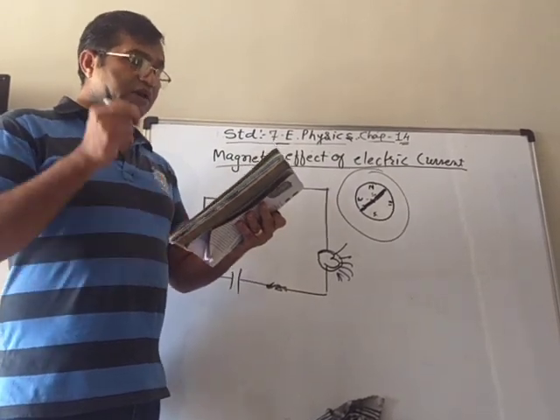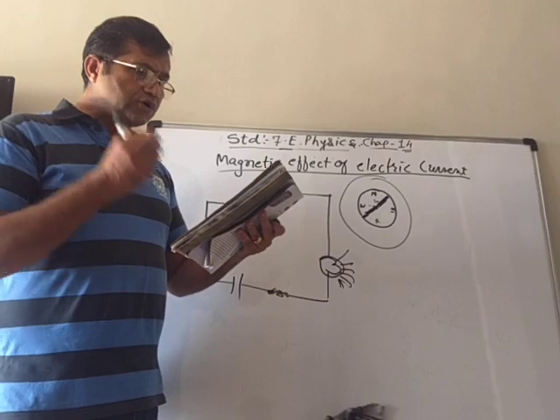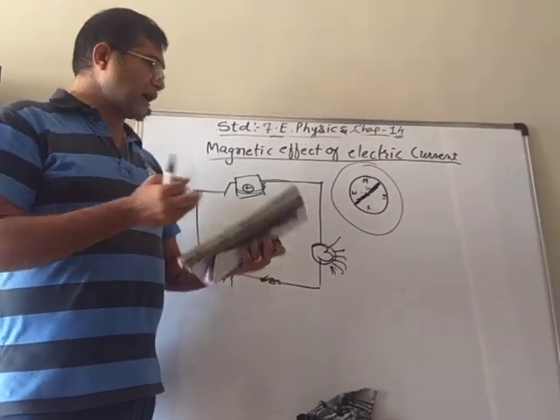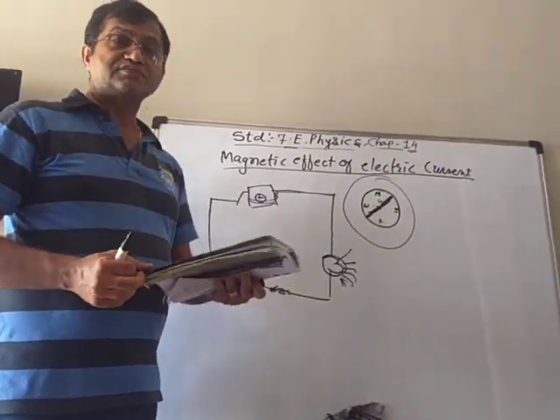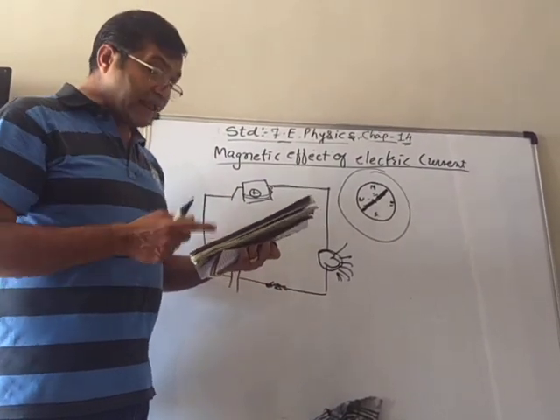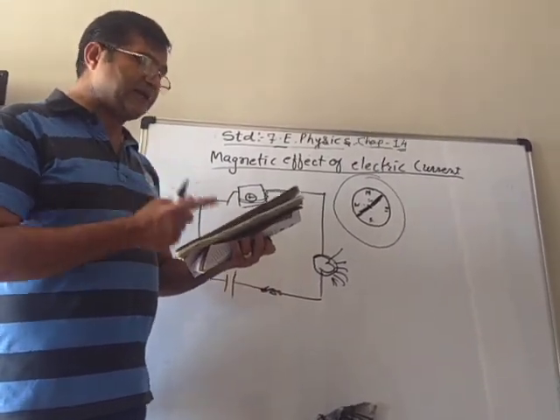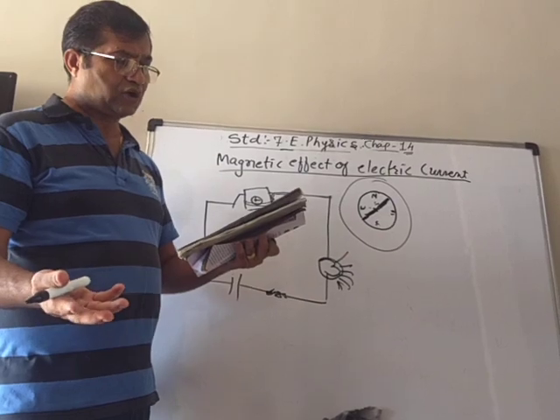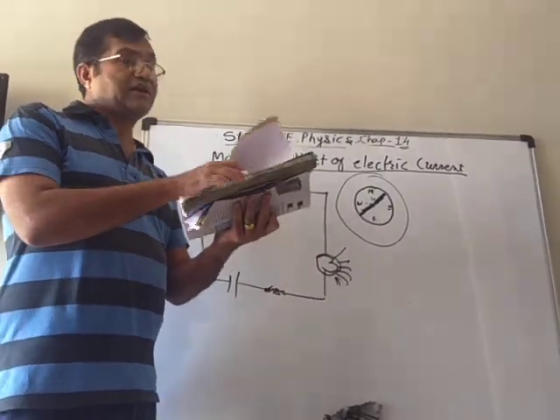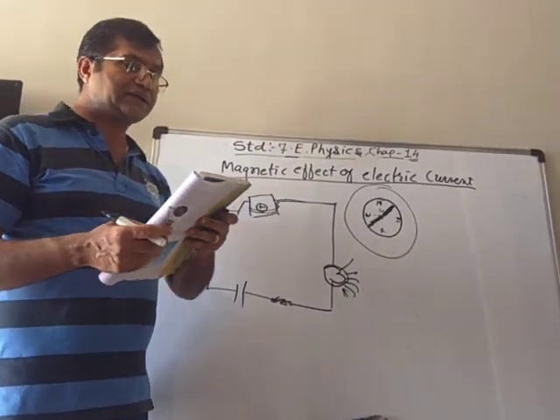It means that if you use a magnetic needle, it will show the deflection. Now when we bring a magnet close to it, the needle also gets deflected, and there we can understand that it is due to the electric current.